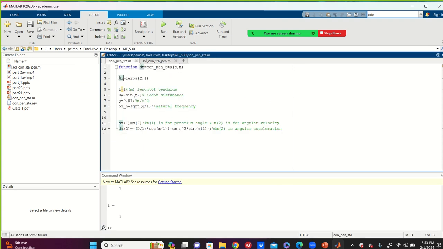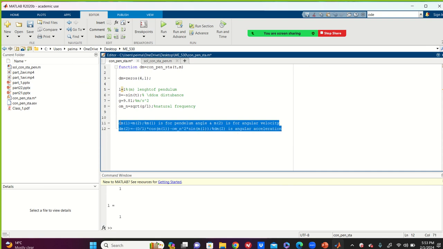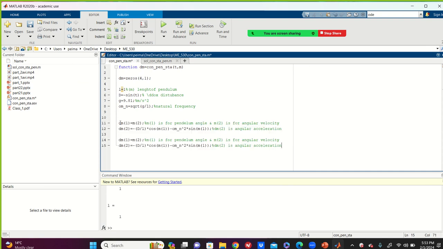Stop me, okay? Now we have 4 state variables. Nothing changes except these, guys. Copy. Here we go. dm3 is m4 and dm4. These are new. And I'm commenting because I'm going to share with you.